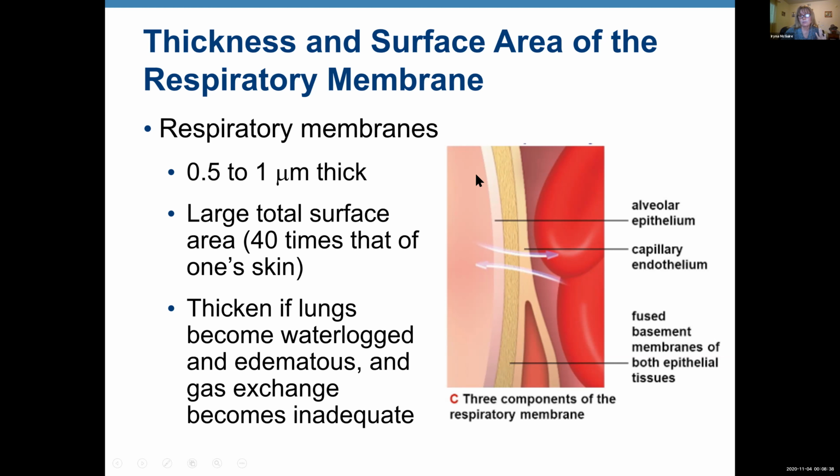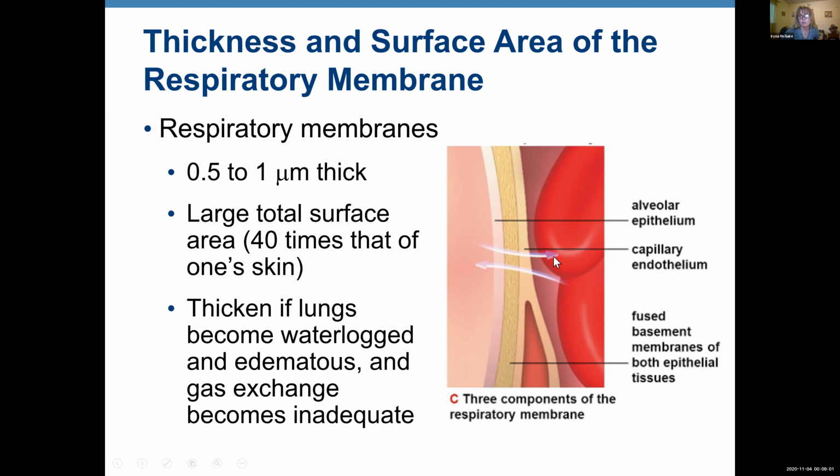What is it made of? It's made of alveolar epithelium, and endothelium, the endothelium of the blood vessels, of the capillaries. And between them, we have the fused basement membrane of both. So those are the three components of the respiratory membrane.